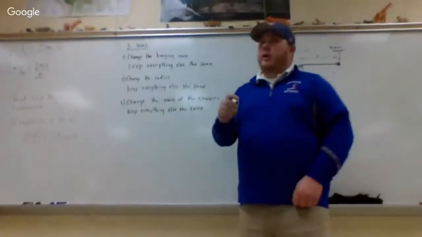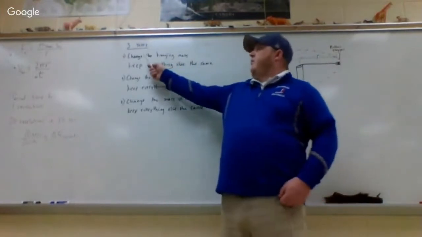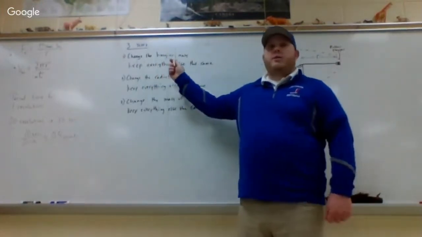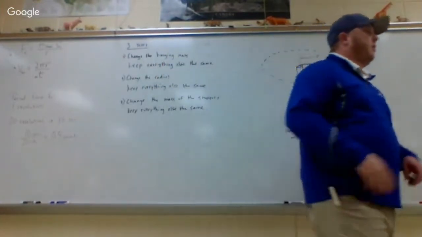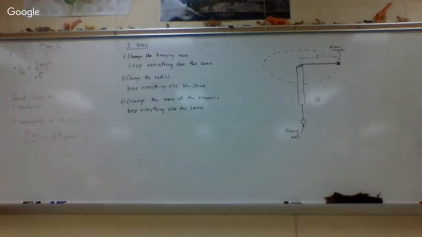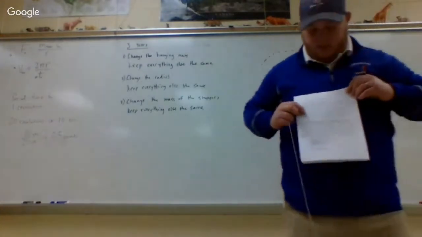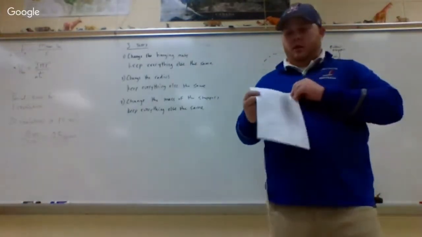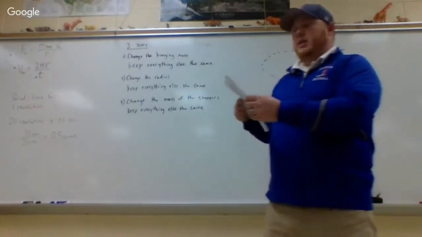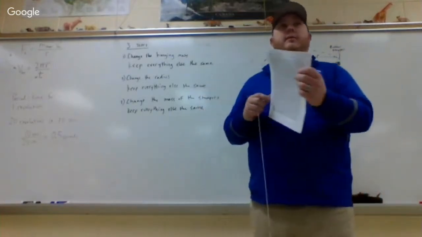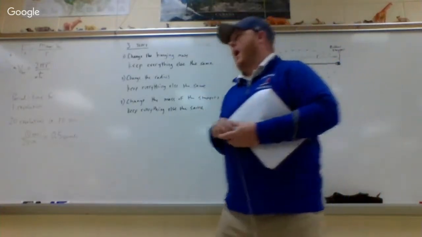But real important, if you look on your data tables here, the first test I said is to change the hanging mass for your first 4 trials. So you'll have 4 different hanging masses.